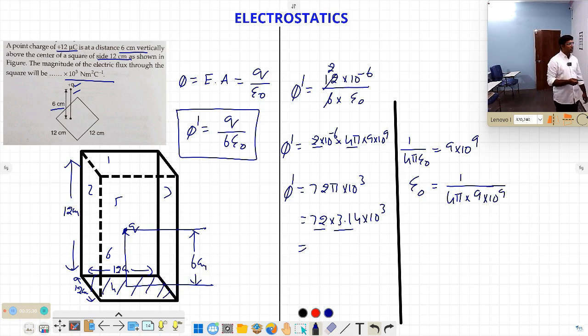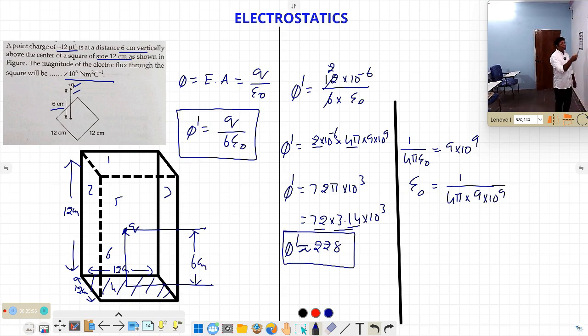So if you check the answer for this question, nearly you are going to get 228 point something. The decimals, you can cancel the two decimals, one decimal will be there. 72 into 3, nearly we are going to get 228. So this is the answer for your question.